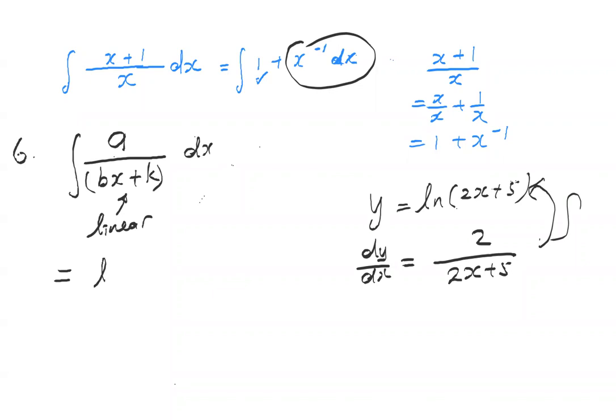Ln A. Okay, whenever we have ln, we have to put a modulus because whatever value in the ln cannot be negative. So we put the absolute value there, divided by the coefficient of x.